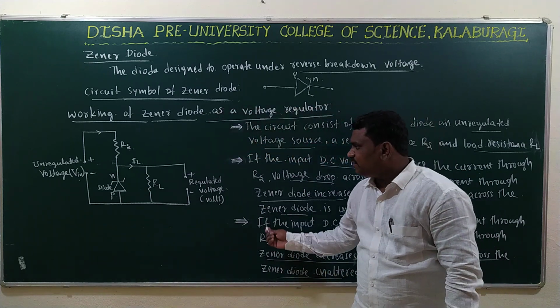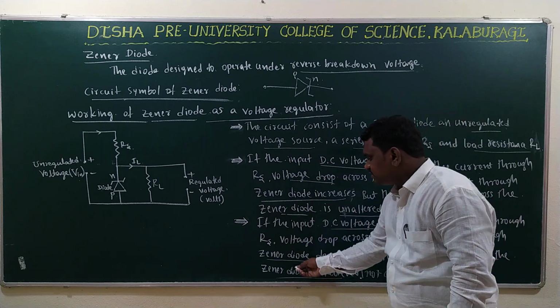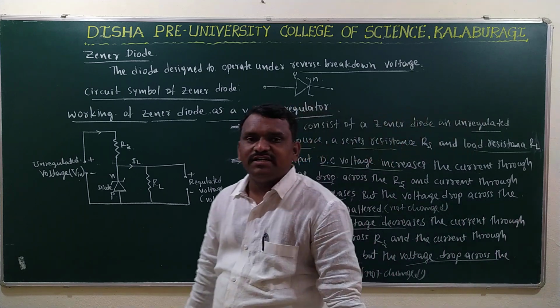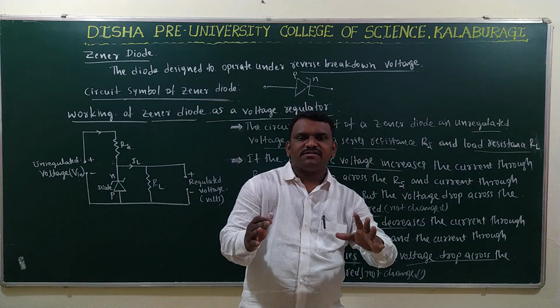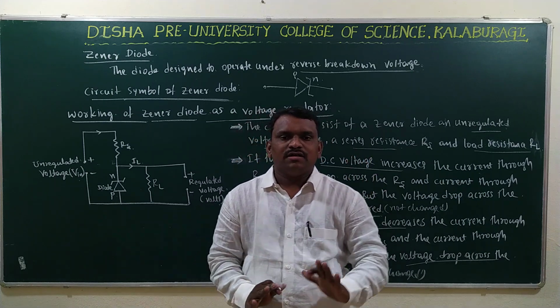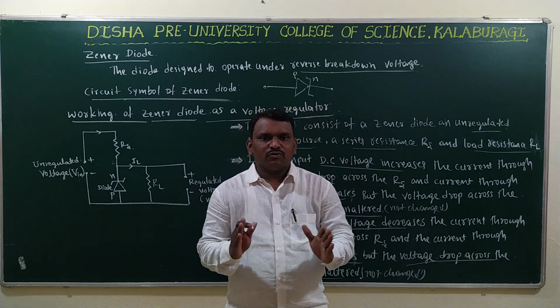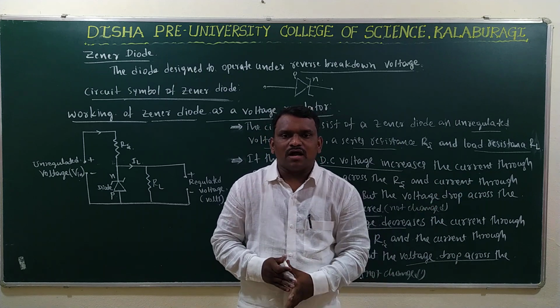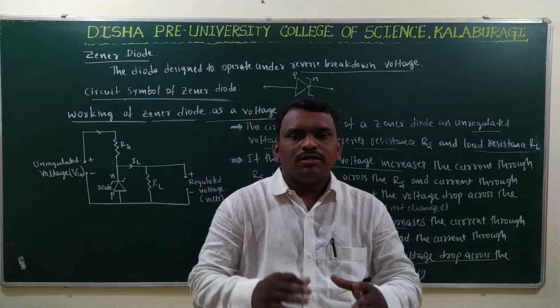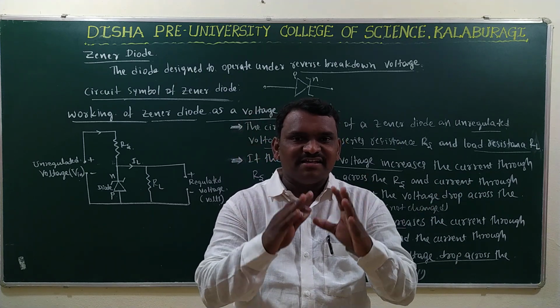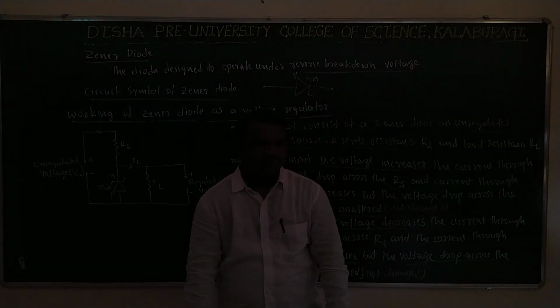This is the complete working of the Zener diode as a voltage regulator. Voltage regulator means it controls the voltage. The current changes, but it controls the voltage for a long time. For example, voltage stabilizers.